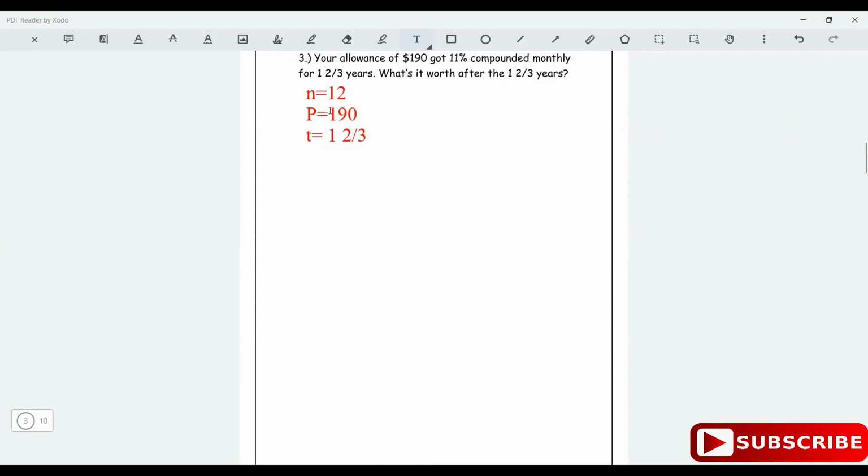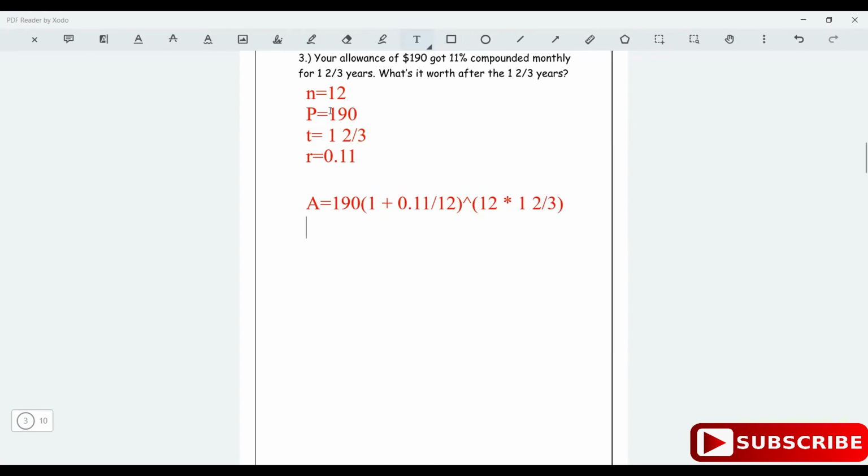And so the rate is also 11%, which is 0.11. So that means the amount is equal to the principal 190 times 1 plus r over n, 0.11 divided by 12, raised to the n times t, which is 12 times 1 and 2/3.